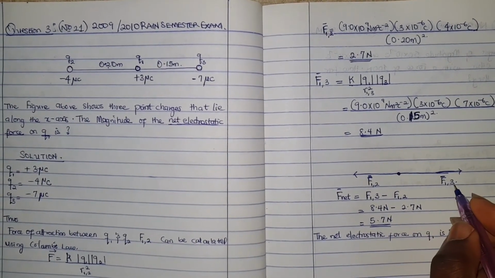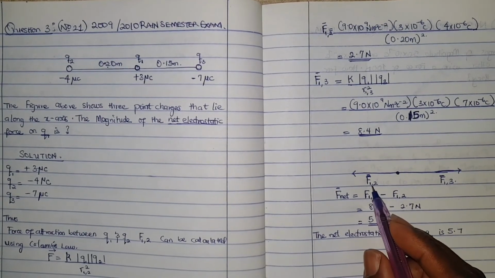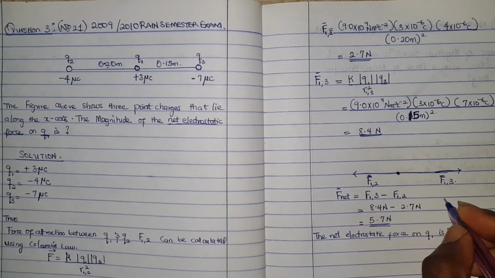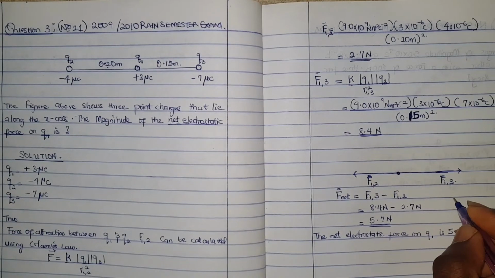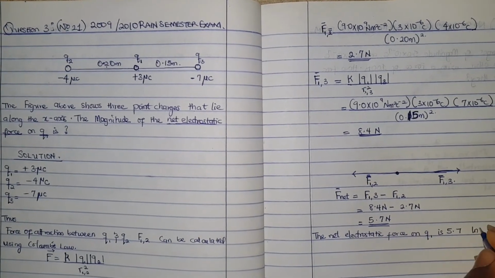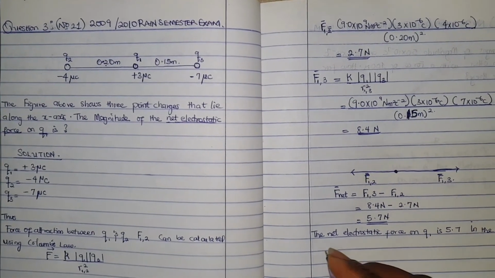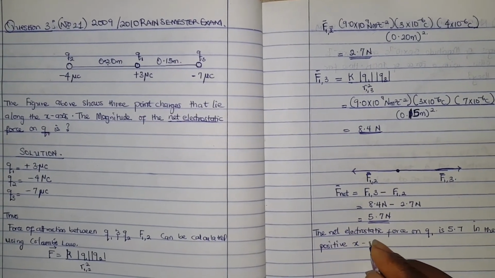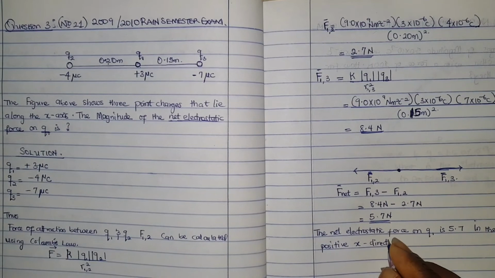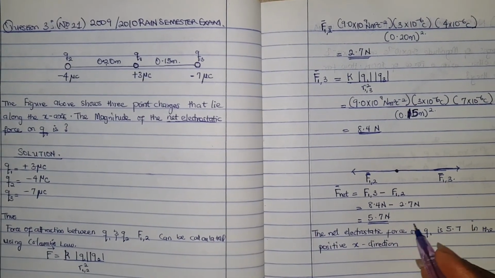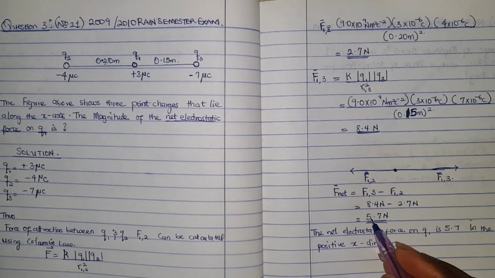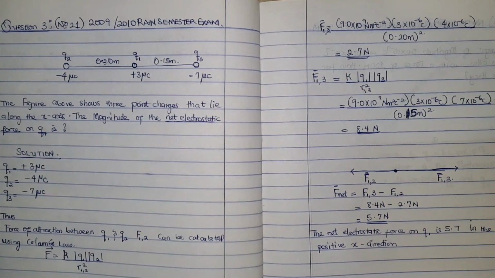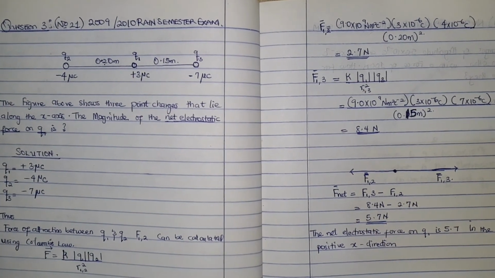Since F of 1 due to 3 is greater than F of 1 due to 2, the net force will move in the positive x direction. The net force is in the positive x direction, because the resultant force, 5.7 newton, will move towards the positive x direction.